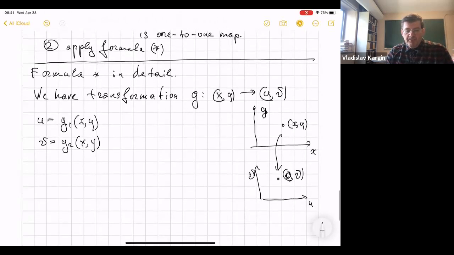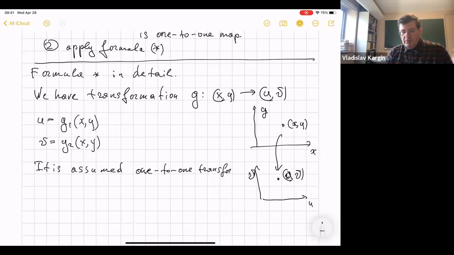It is assumed to be a 1-to-1 transformation, which means that if you have u and v, you can recover x and y.